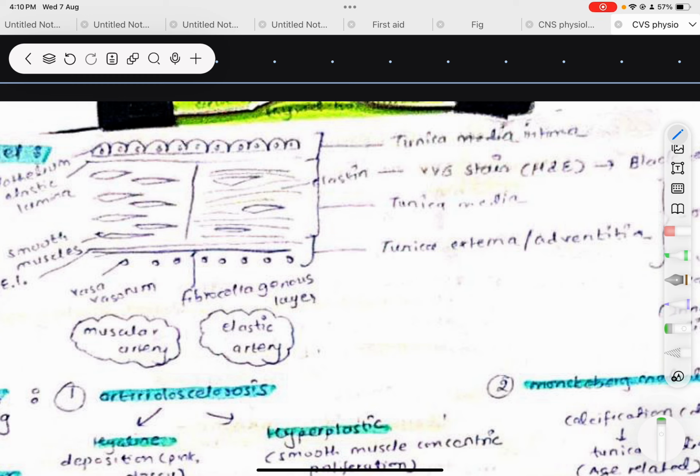So this external elastic lamina, beneath this there is this fibrocollagenous layer that will also come into this tunica externa.